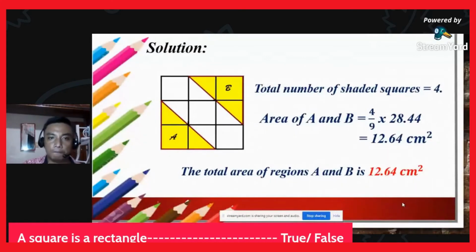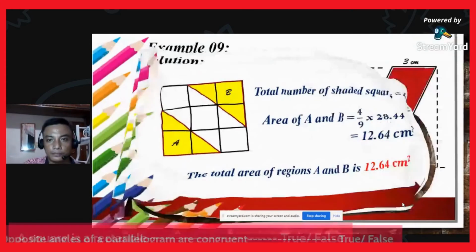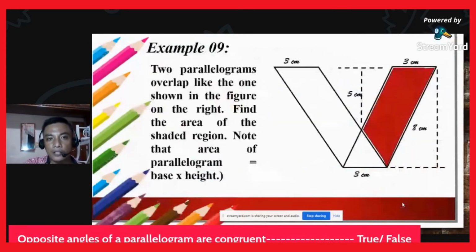Next example. Two parallelograms overlap like the one shown in the figure on the right. Find the area of the shaded region. Take note that the area of a parallelogram is given as base times height.